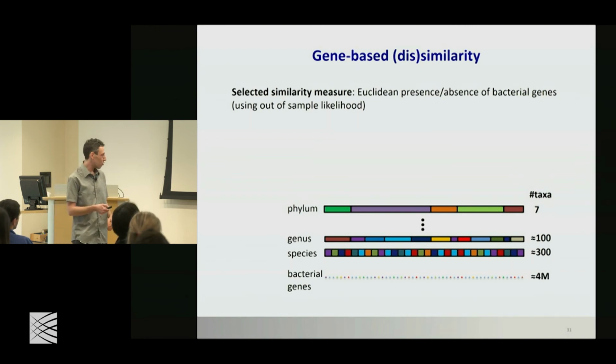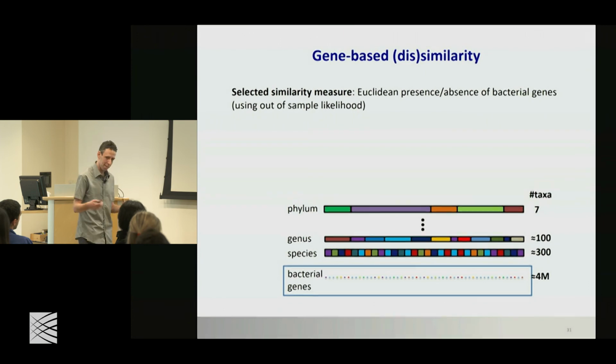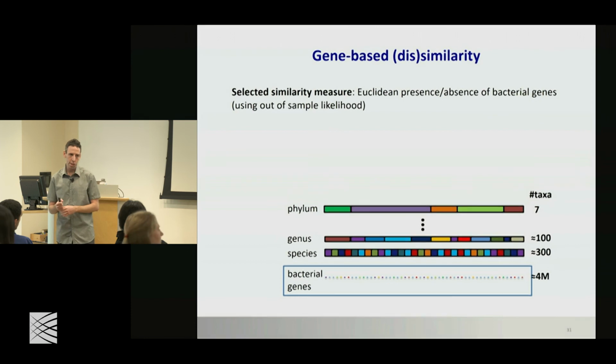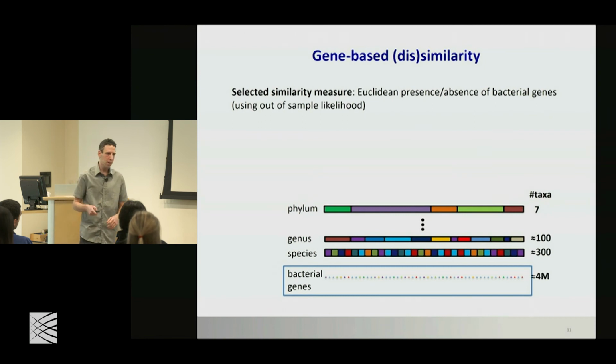And actually, the measure that we came up with is not based on one of the measures used in statistical ecology. What we came up with is to take the level of bacterial genes, which means that we have millions of variables, and then we consider every gene either present or absent if its relative abundance is above some cutoff. And then for every individual, we have this really high-dimensional binary vector, and then we use these binary vectors to compute Euclidean distance.